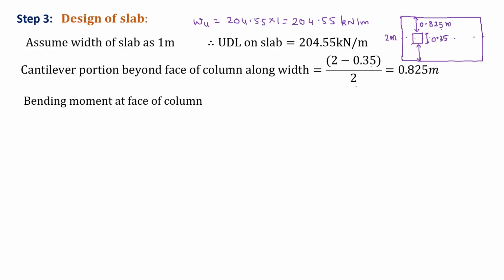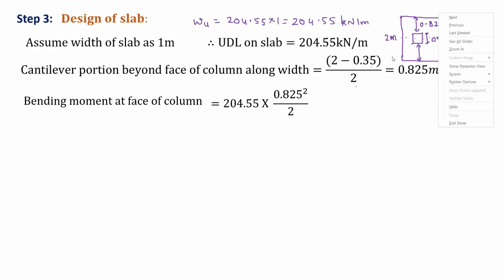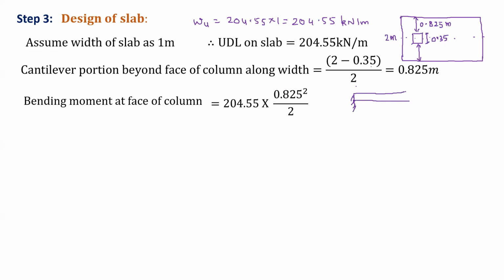Then we will have the bending moment at the face of the column. We know already, we have seen, this will act as a cantilever, and the load on this is 204.55 kilonewton per meter.